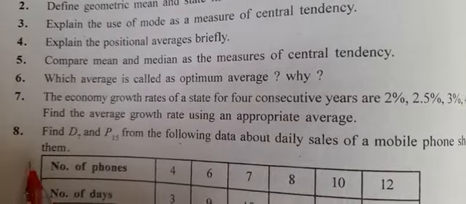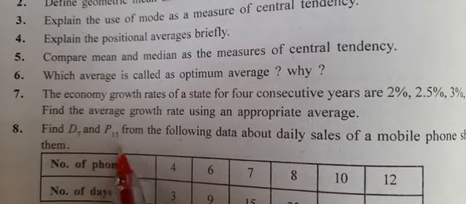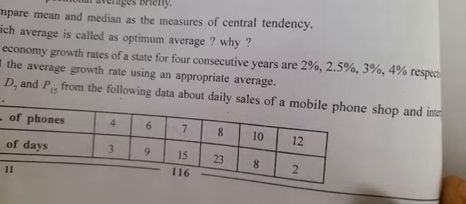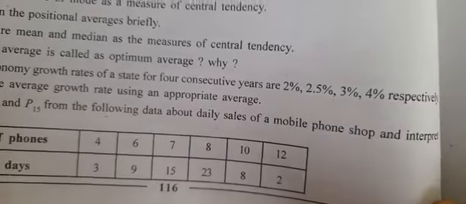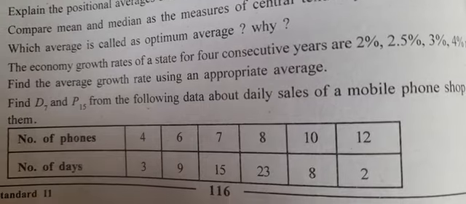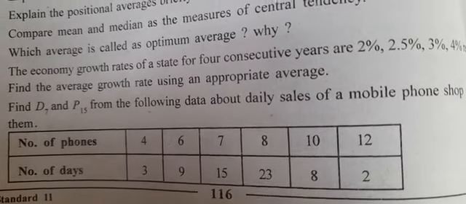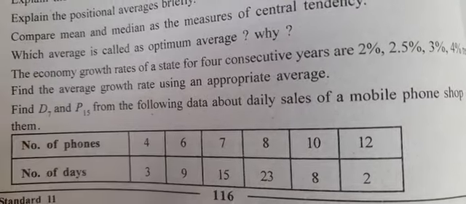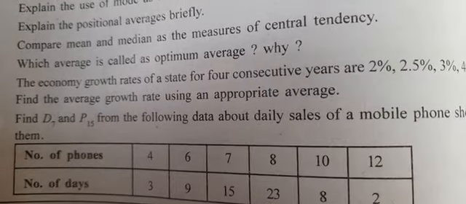Now section D, question number 8. Find D7 and P15 from the following data about basic daily sales of a mobile phone shop and interpret them. The number of phones and number of days, that is, data is given to us, and we have to calculate D7 and P15 from this.